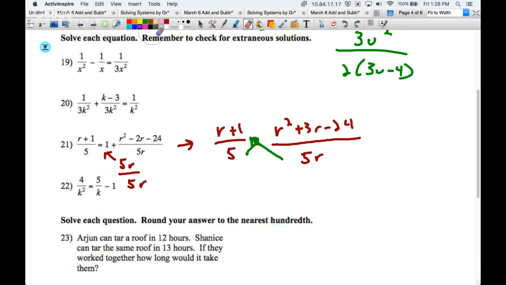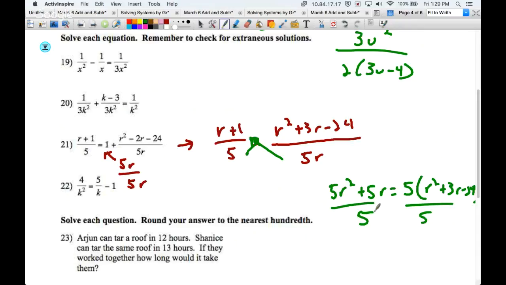And what do we get? 5r times r plus 1, that's going to be 5r squared plus 5r equals 5 times r squared plus 3r minus 24. Divide both sides by 5 to make that cancel.